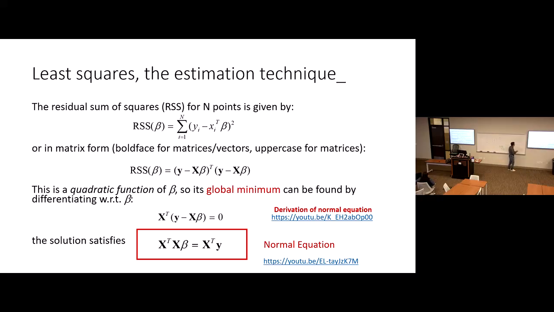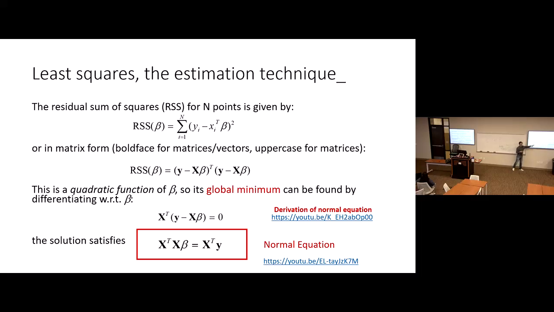This function is related to beta and is quadratic. So you need to find the place where the slope of change of this function of beta has to be 0 in order to give you a minimized solution.